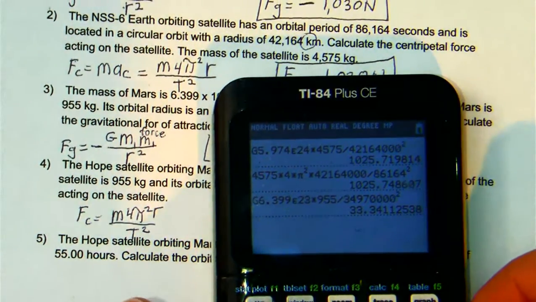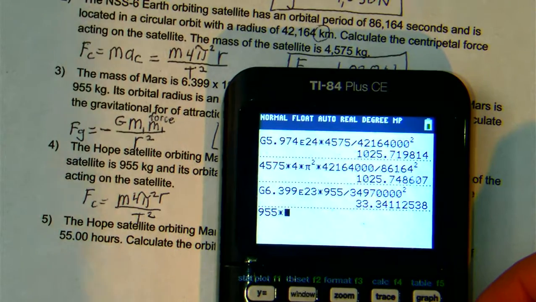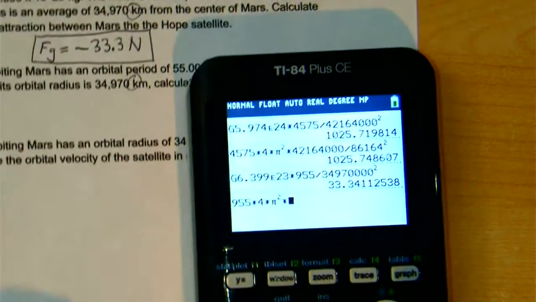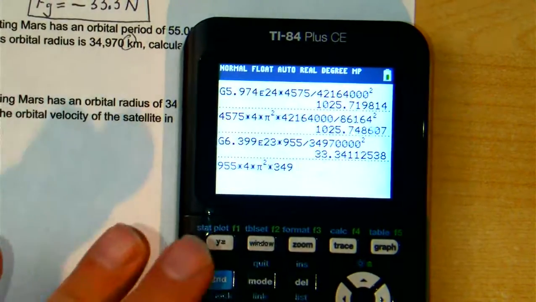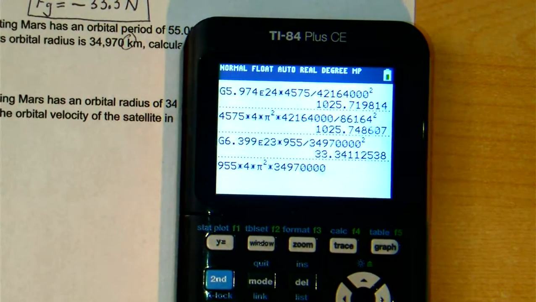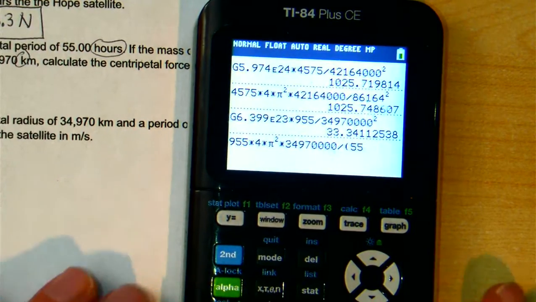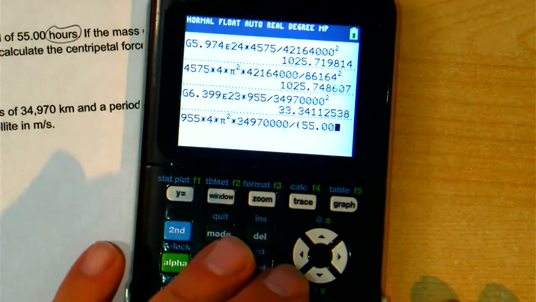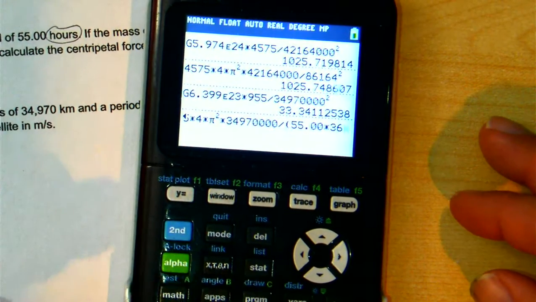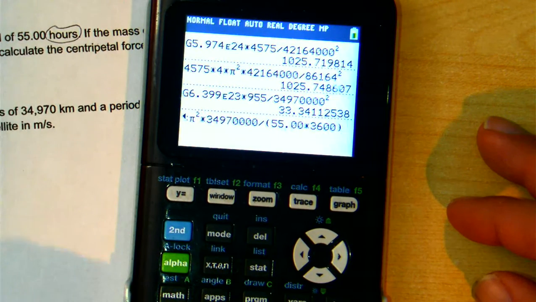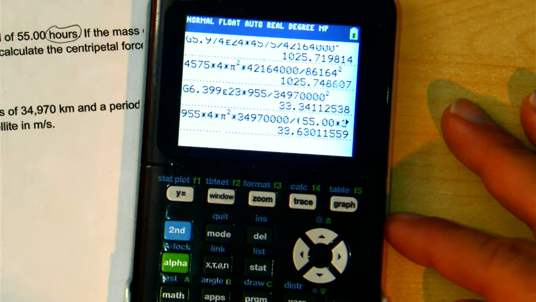Here we go. 955 times 4 times pi squared times 34,970,000 divided by, open parentheses, 55 hours times 3,600 seconds per hour, close parentheses, squared, enter.